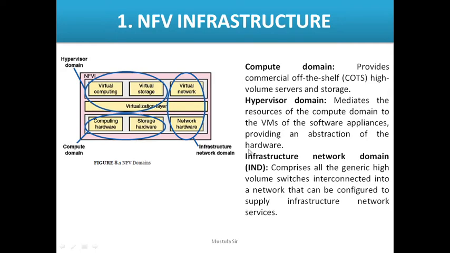And the third is the infrastructure network domain, which comprises all the generic high volume switches interconnected into a network that can be configured to supply the infrastructure services. So this domain is required for the network, this domain is required for the virtualization, and this domain is for computation. Fine, so in NFVI we have three domains.